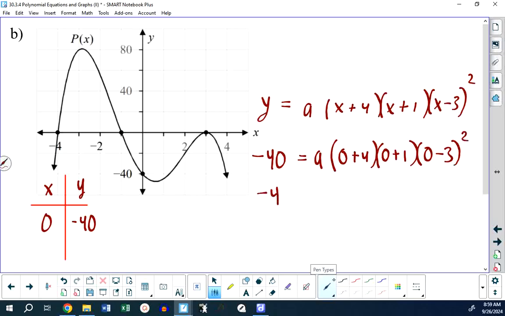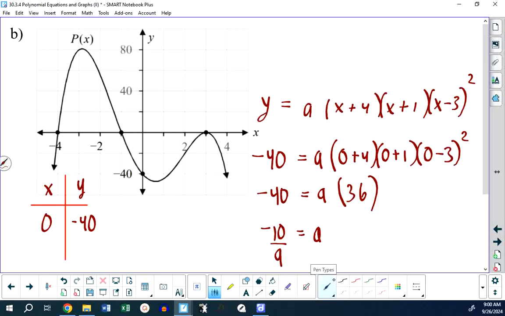Should be no surprise that you get a number of 36 here. So we take negative 40 over 36, that's the answer, which is negative 10 over 9. That's not what I was going to say before. It really isn't, I'm being honest with you. I think had I thought this through in my head, I would have said, oh yeah, a is negative 10 ninths.